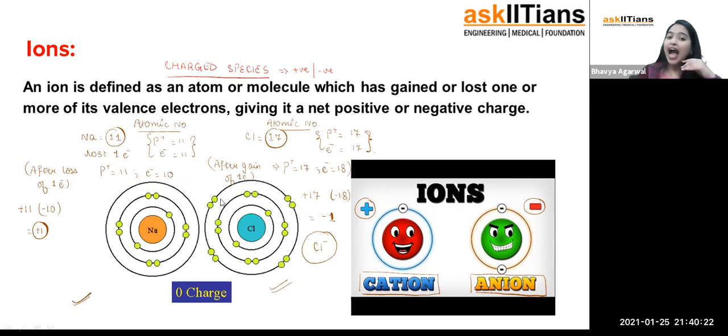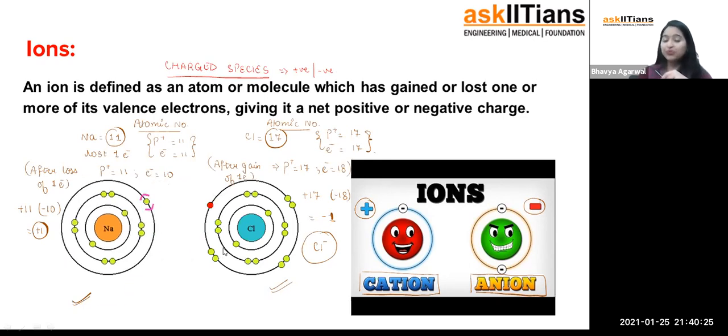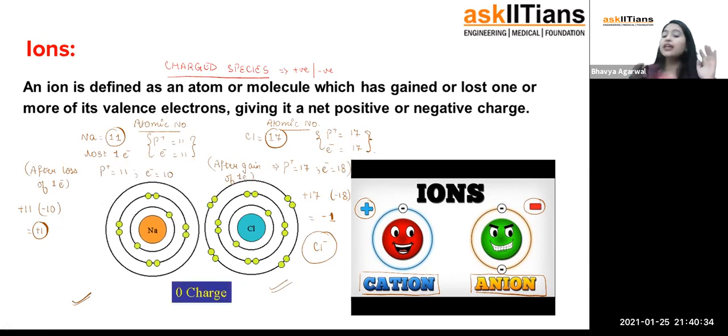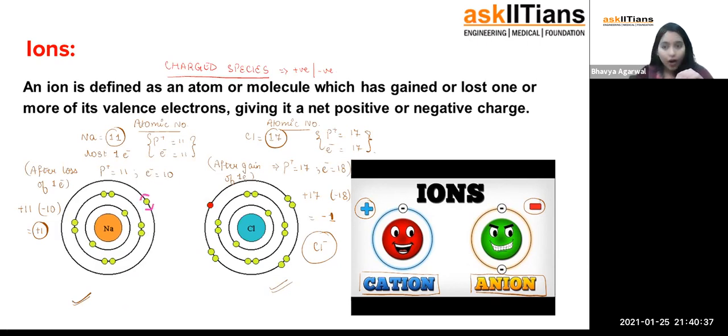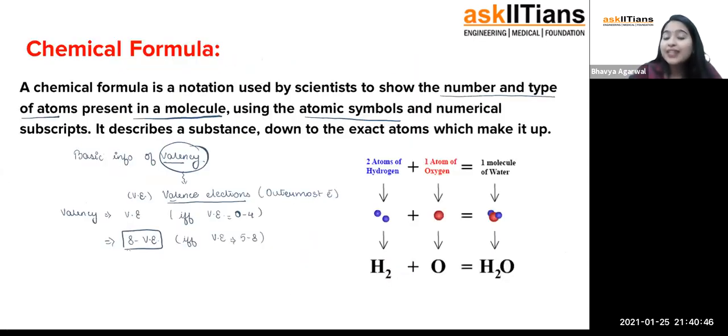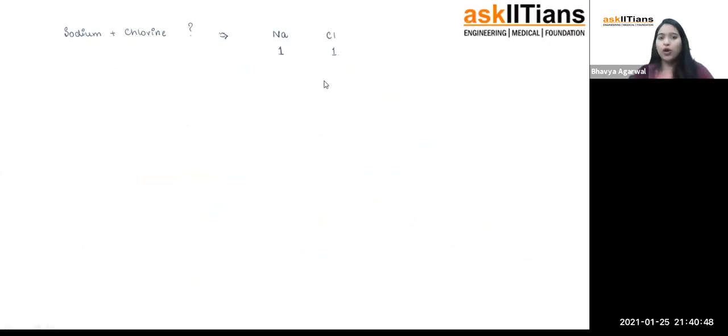That's right. How about chlorine? In chlorine, the outermost shell has 7 electrons. Okay, so in these 7 electrons, what will be the valency? 8 minus the valence electrons. 8 minus 7, which is 1 again. So we just tried to use the information which we already had.